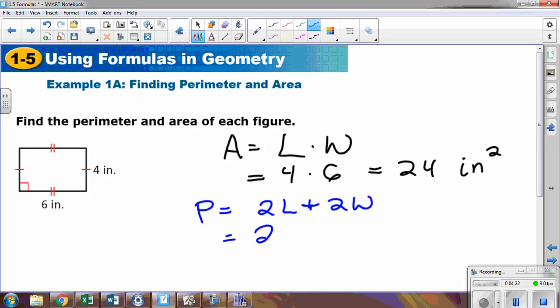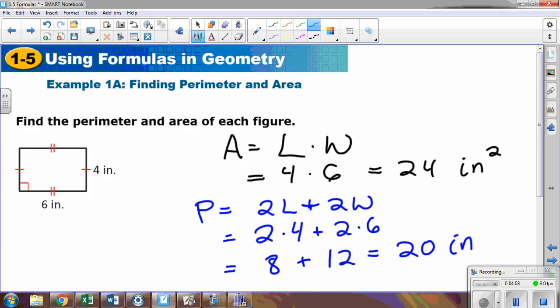We had just said length is 4 and the width is 6. So when we crunch those numbers, 2 times 4 gives us 8. 2 times 6 gives us 12. Adding those together, we get 20. Then where should the label be? Just plain inches.